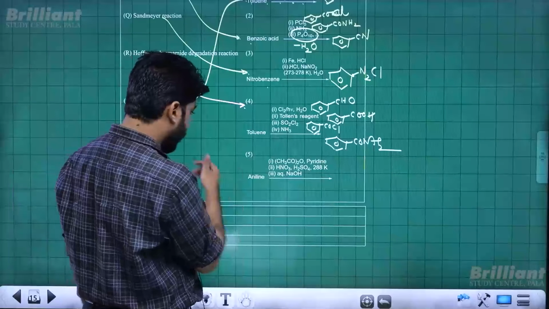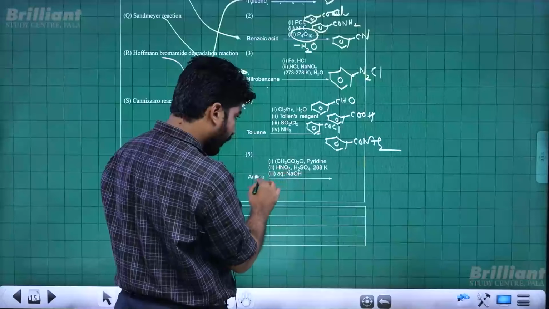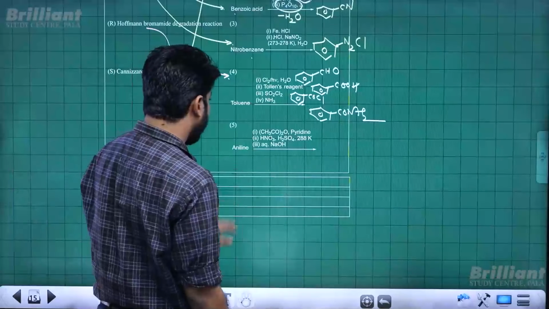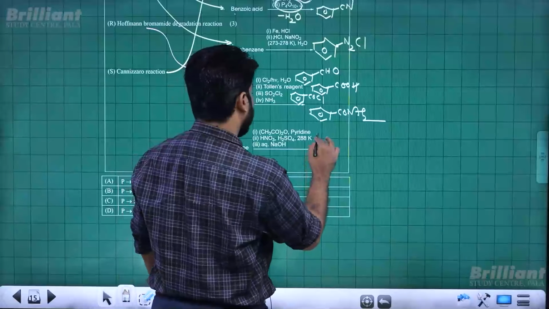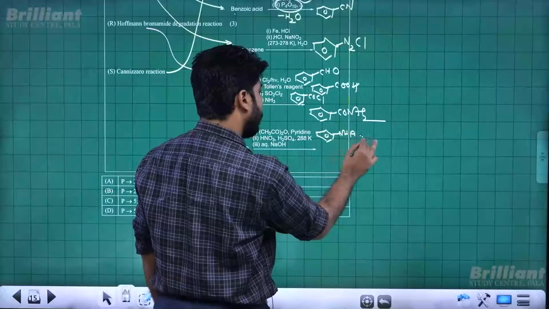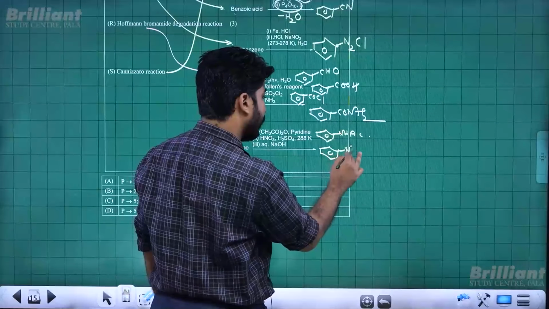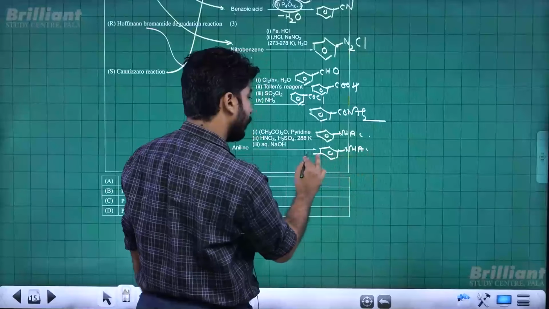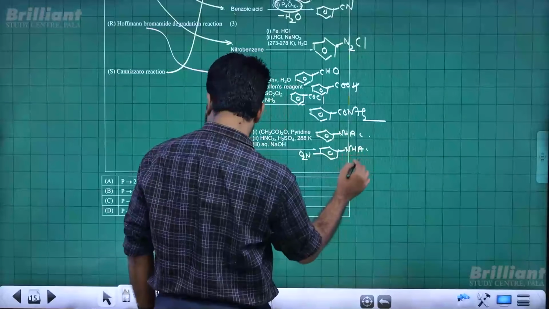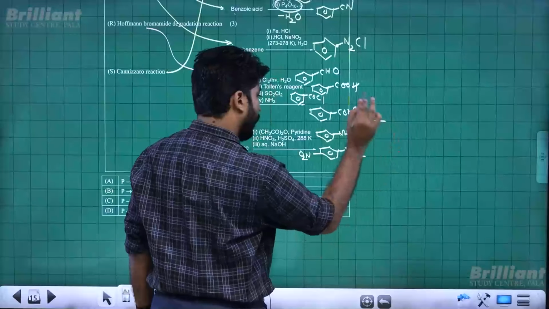Now let's identify the product in the last case also. Aniline with acetic anhydride, acetanilide is obtained. NHAc nitration will give para nitro product as the major product, and aqueous NaOH will hydrolyze this amide portion to form amine.